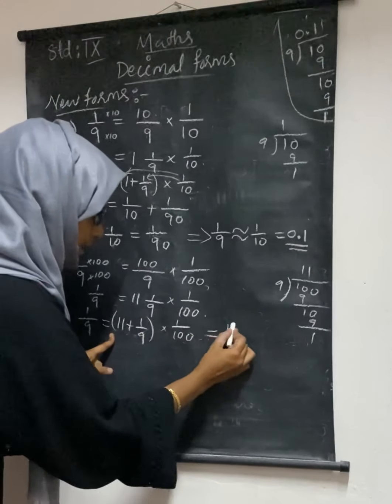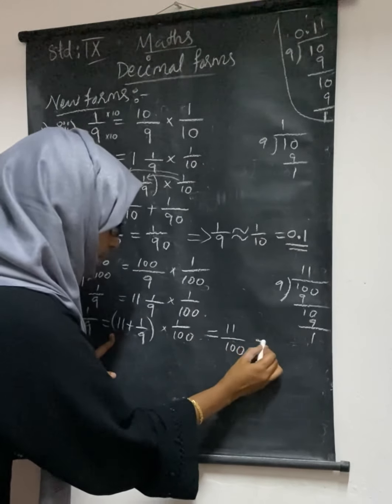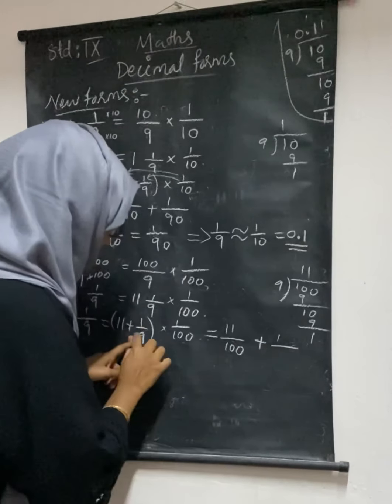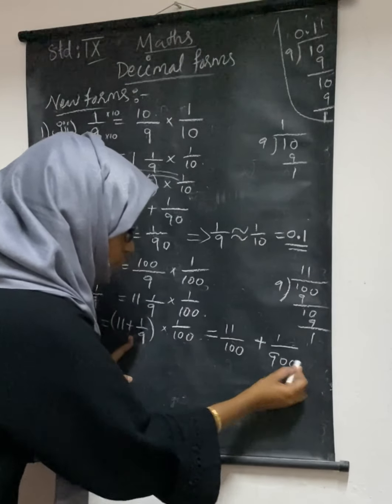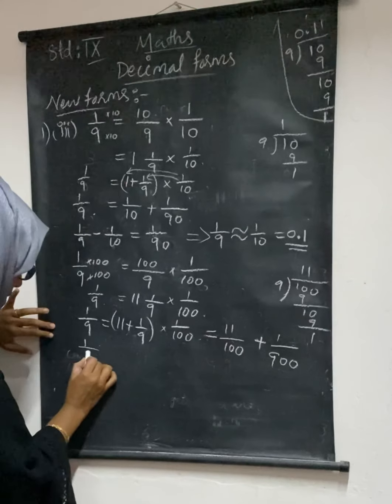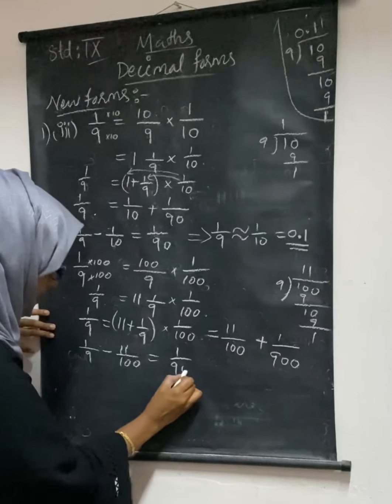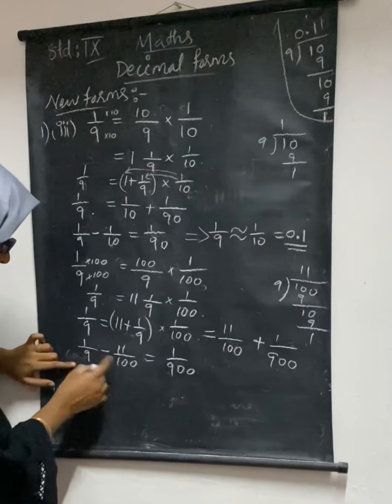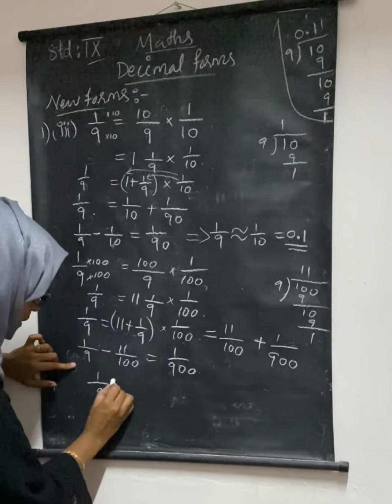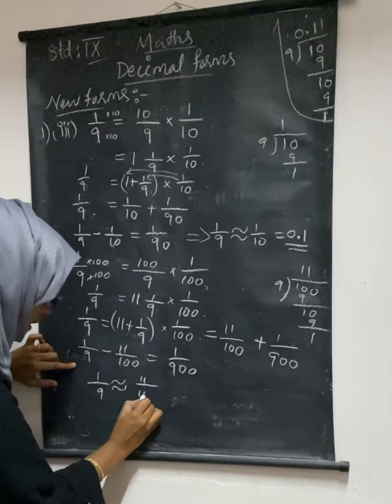11 into 1, 11 by 100 plus 1 into 1, 1, 9 into 100, 900. So you have to put minus and write 1 by 9 minus 11 by 100 is equal to 1 by 900. So you can say this is approximately equal. So 1 by 9 approximately equal to 11 by 100.